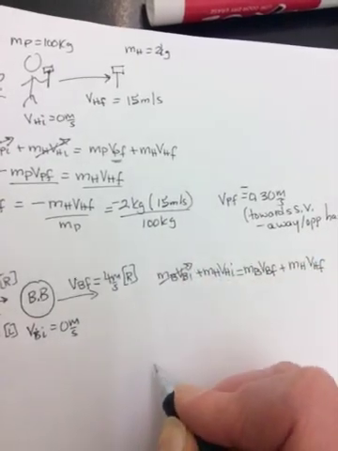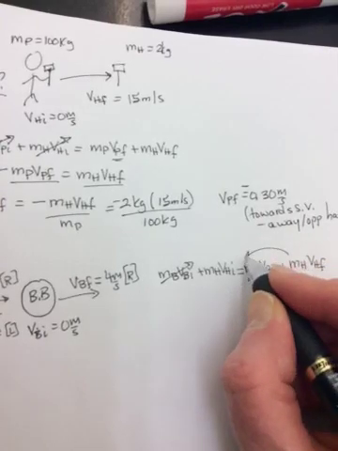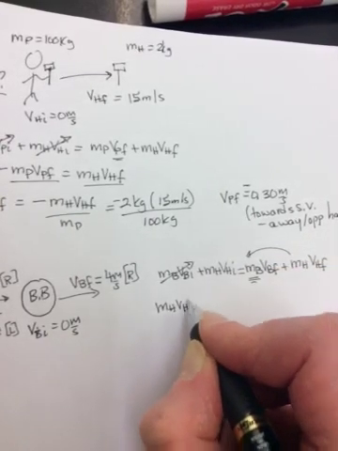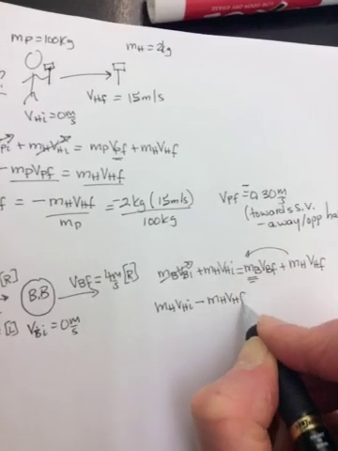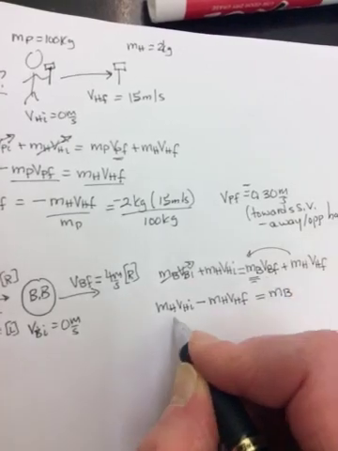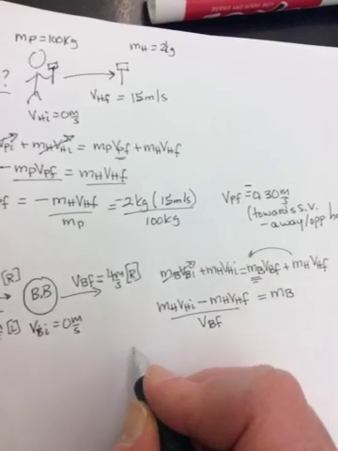Initially, the bowling ball is at rest. You're looking for mass of the bowling ball, so bring this term over. So M of the hard, V of the hard initial, minus M of the hard, V of the hard final, will equal M of the bowling, V of the bowling final. To get it by itself, divide by V of the bowling final.